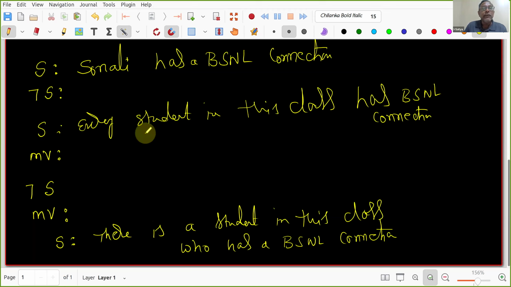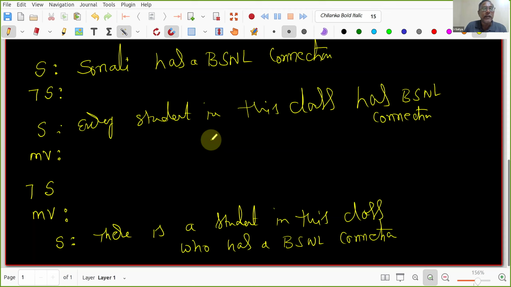Whereas here, for every student in this class has a BSNL connection, if I ask one student and that student has a BSNL connection, the statement still may not be true. I need to ask all the students. Even if there are 70 students and I asked 69 who all have a BSNL connection, the statement may still not be true.